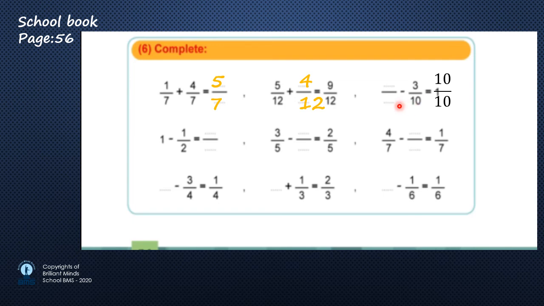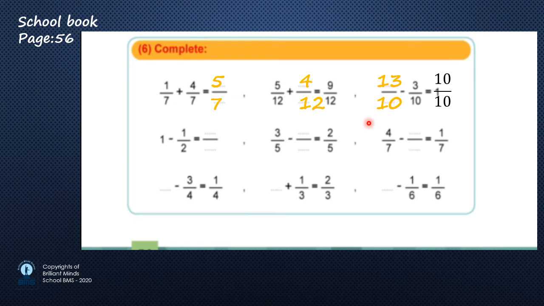Now, let's find the numerator in the space in the first fraction. We said we must have the same D, so we put 10. How do we find the numerator? Circle the sign, and the sign here is minus, and draw the curve. The numbers are near or far? Near. If the sign is minus, if I'm near, please add me. So we're gonna add 3 plus 10 equals 13.